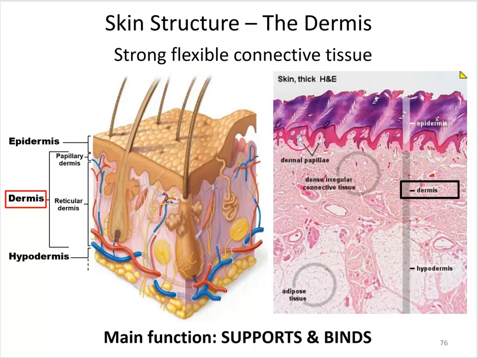We can see dermal papillae, where the dermis projects up into the epidermis and displaces it. This is where fingerprints come from. These ridges come from the dermal papillae, affecting how thick the skin is and how far out it projects.